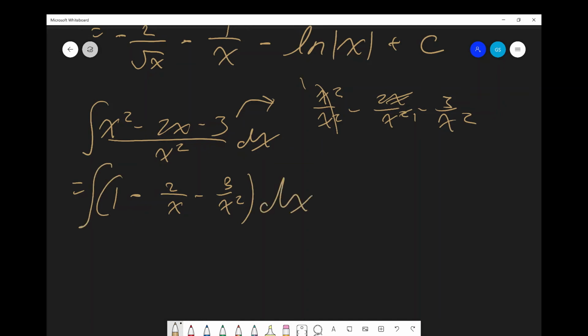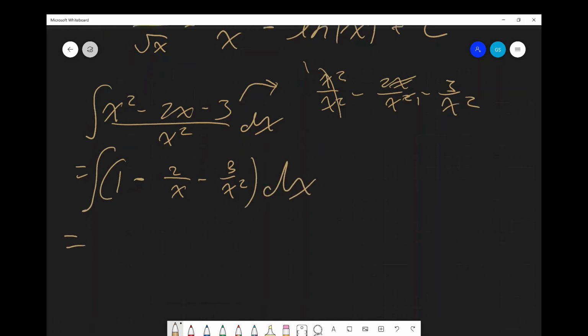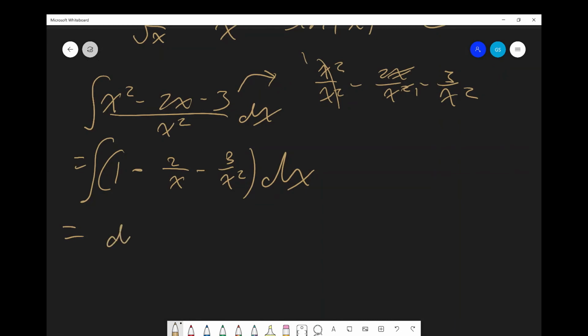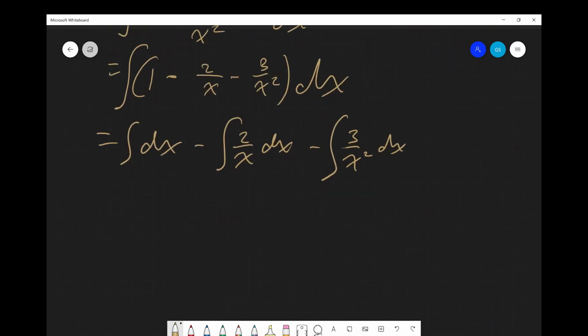And then we integrate this guy. So we just split it up. So this one here is just dx minus 2 over x dx minus 3 over x squared dx. So before integrating, I'm just going to rewrite these things a little nicer. 2 times 1 over x dx.